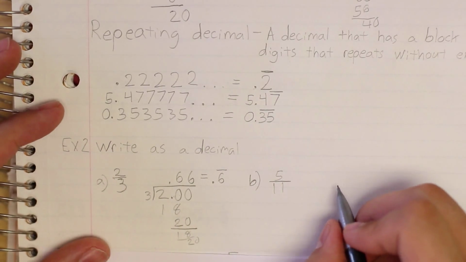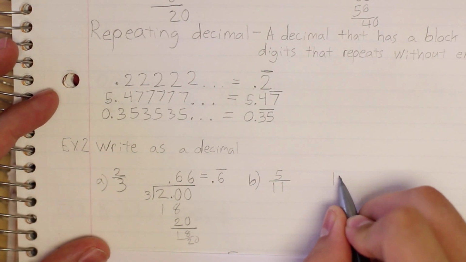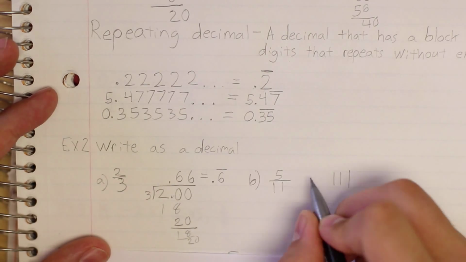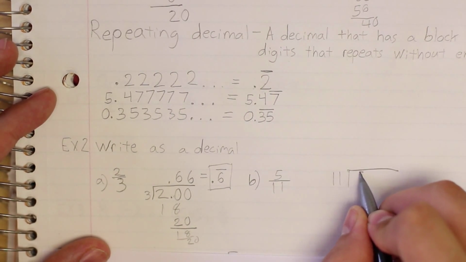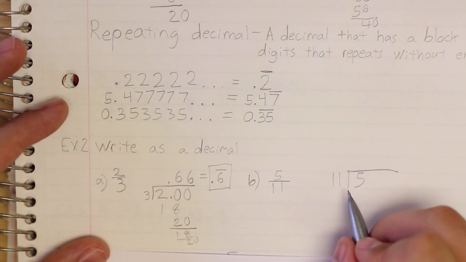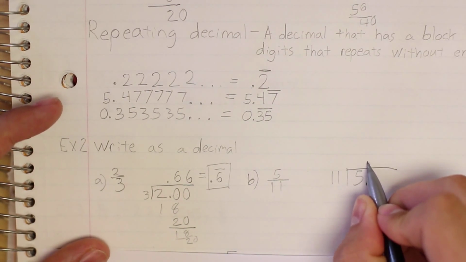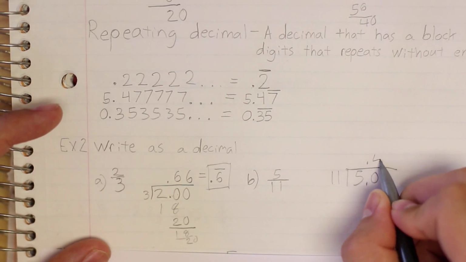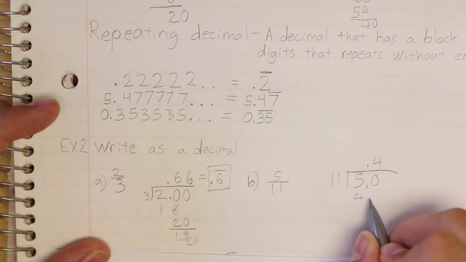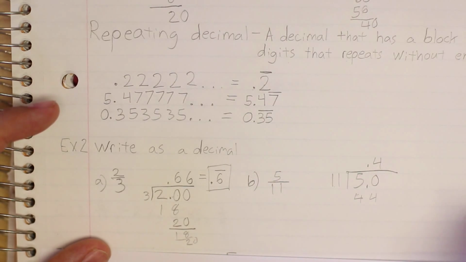Now over here, we're going to put 11 into 5. Can't do it. Put my decimal, put my 0. 11 into 50 would be 4. You would end up with 44.